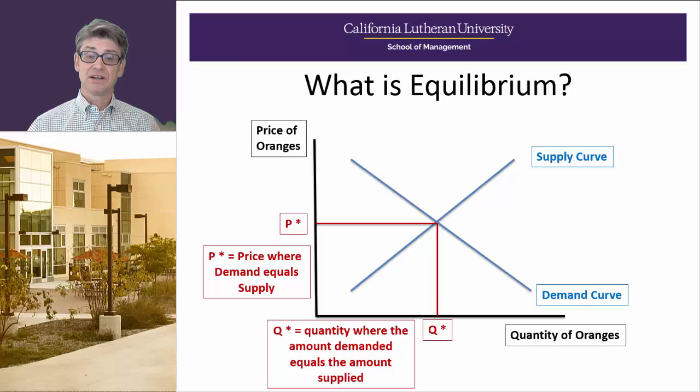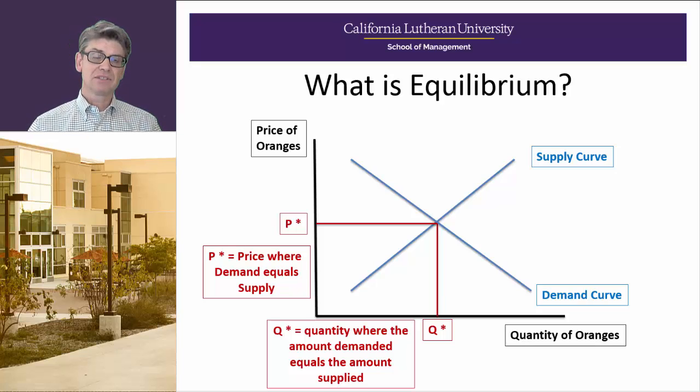I've got oranges there, the prices on the vertical axis, the quantity on the horizontal axis. I've got a supply curve, upward sloping like we said. I've got a demand curve. After I fixed it, we said it was downward sloping. We put the horizontal line over to P star.